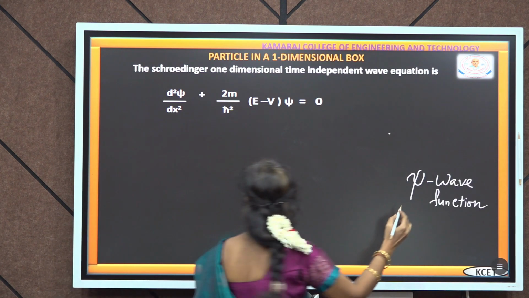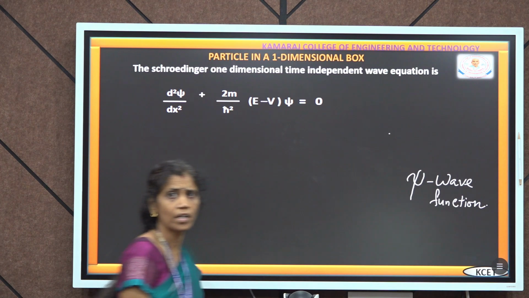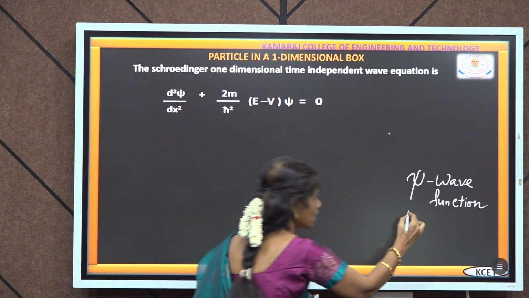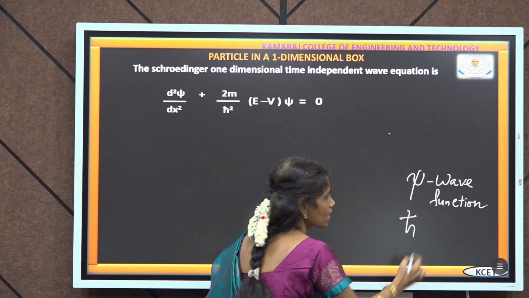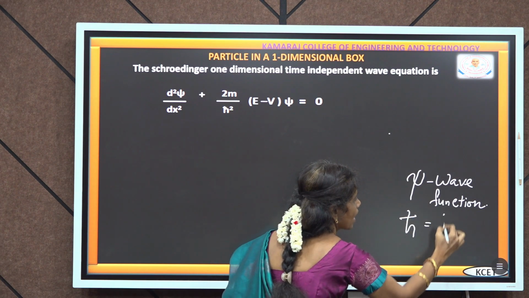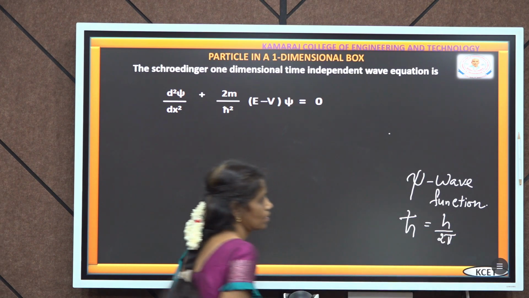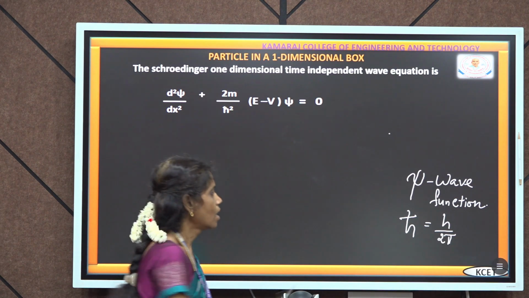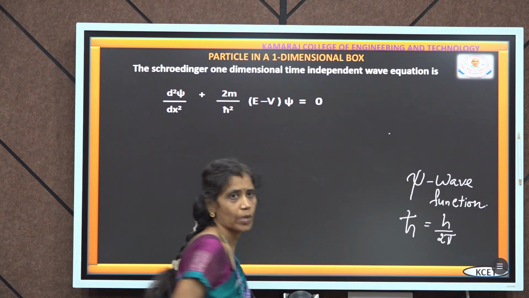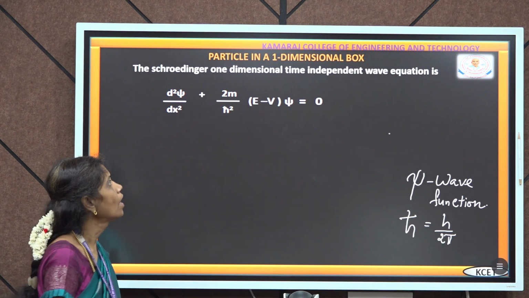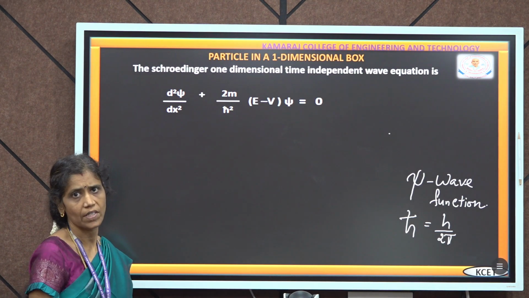E is the energy of the electron and V is the potential energy. And we have written one more new term, h cross. h cross is h by 2 pi. This is the Schroedinger one-dimensional time independent wave equation.